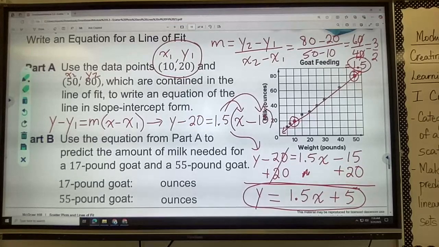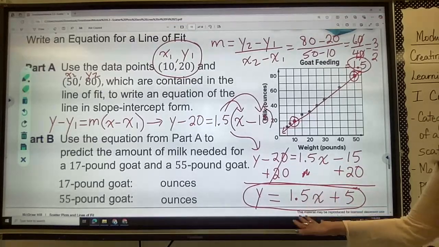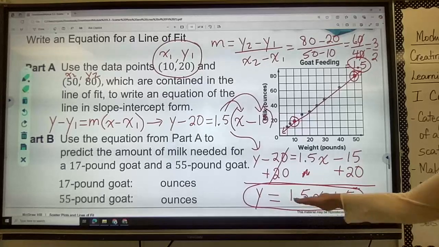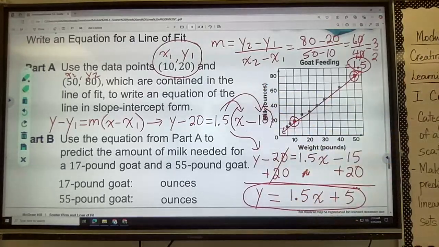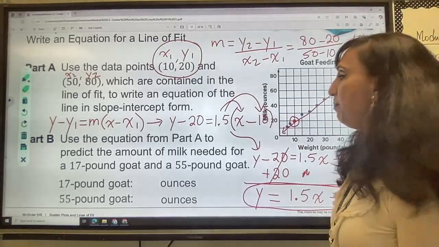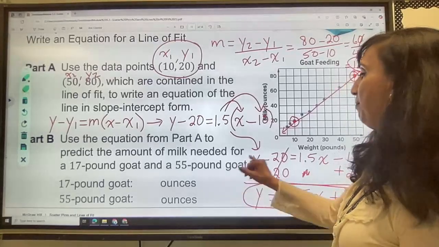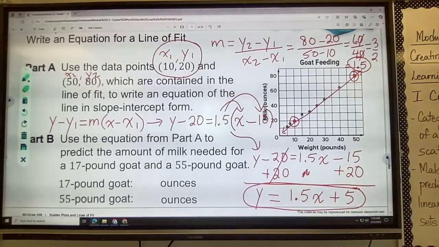And then we can use this equation from part A to predict the amount of milk needed for a 17-pound goat and a 55-pound goat. So then what am I doing? I'm just substituting the values.